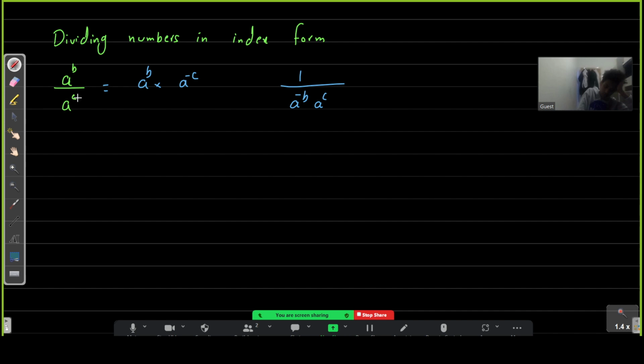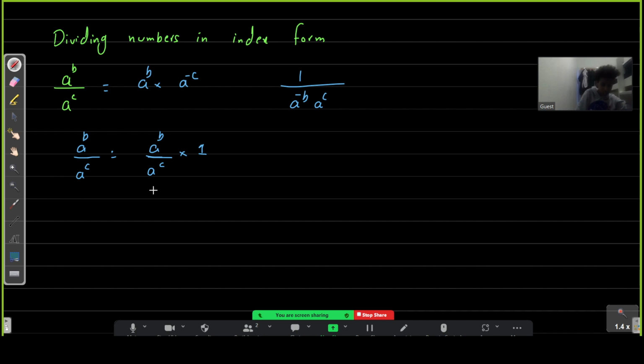For instance, we are going to take the same number here, a power b divided by a power c. I want to take this a power c into the numerator. So I'm going to multiply such a number which gives us a 1 in the denominator. So what I'm going to do? First of all, a power b over a power c, I'm going to multiply this with 1.